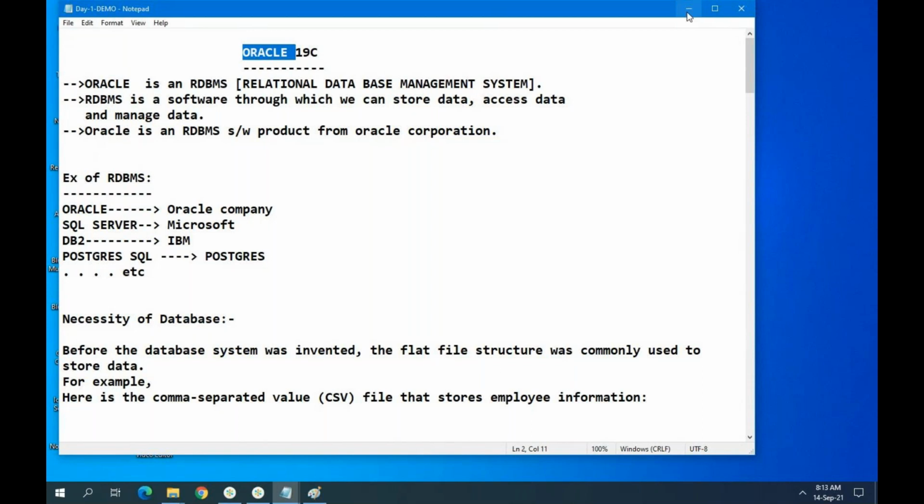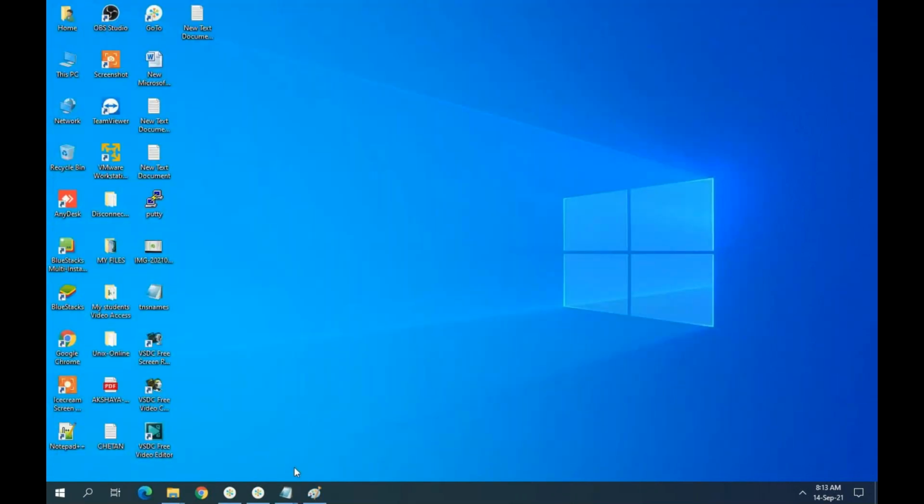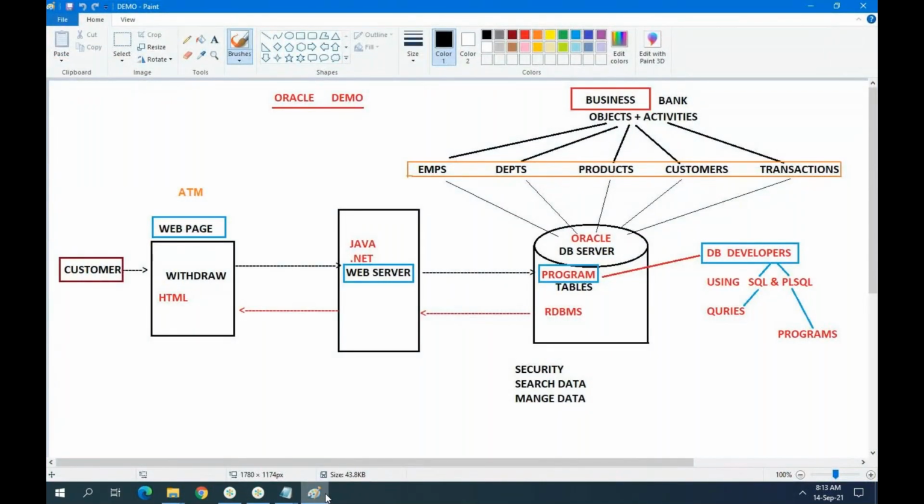Where is the data? If you have unmanageable data, then we need a software. The data is coming from business. Always the data comes from business. Business is a collection of objects and activities.